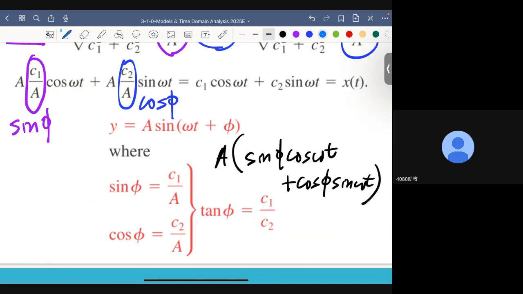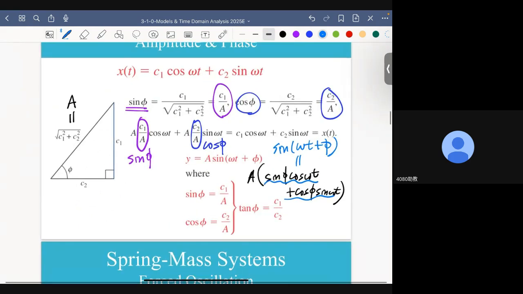And for this part, it is actually sine of omega t plus phi, okay? So that is the reason why we can rewrite this equality as this, all right?